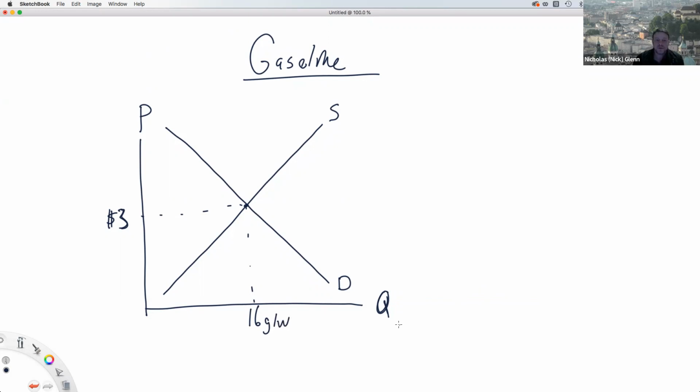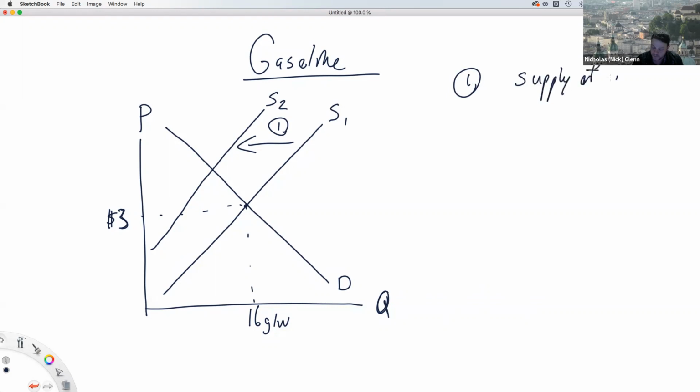What happened? The price shot up. At the same time it shot up, consumer demand shrank. It decreased. So what this means is there obviously was some sort of supply disruption here. There was a decrease in supply. So the supply of oil production decreased.